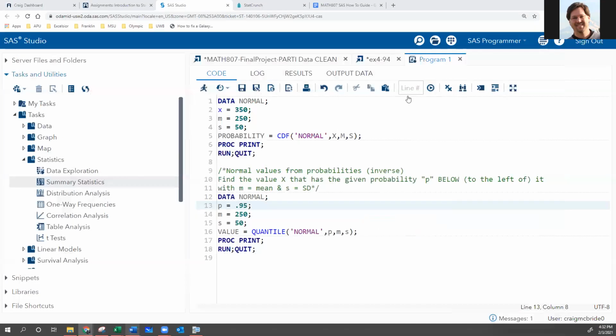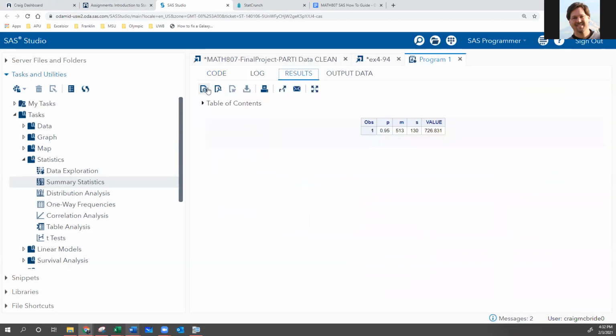Okay. And there is my S value, right? They give you the P value, which we already had. They give me the mean, which we already have. Sorry, they give me the standard deviation, which I already had. And then there is my X value right there under value. So 726.831.